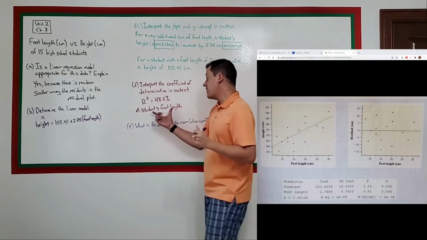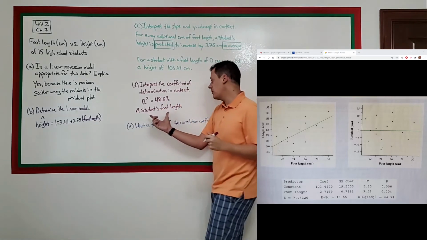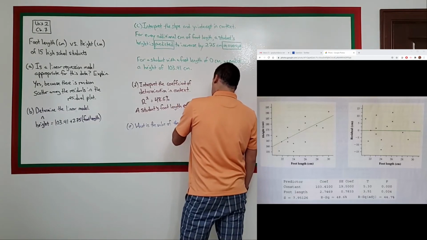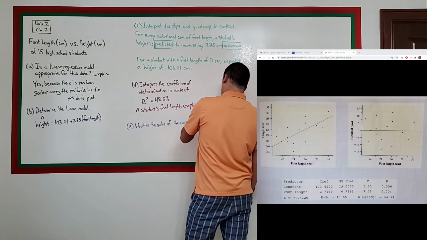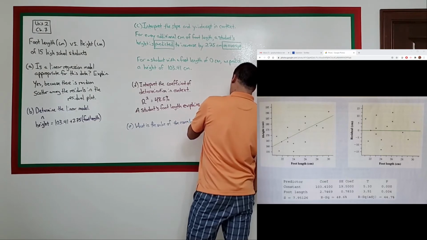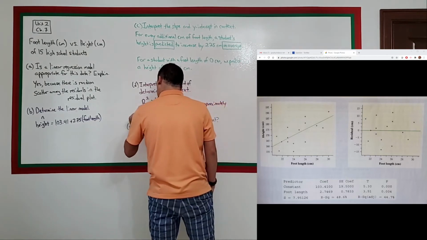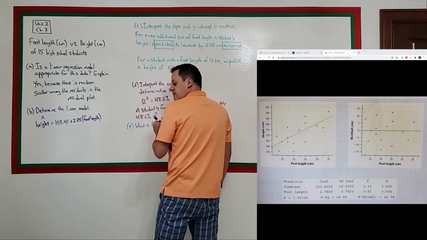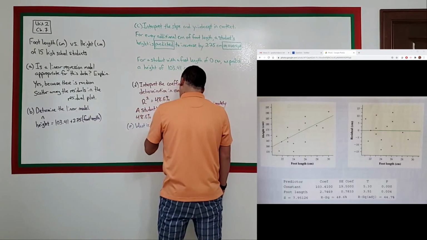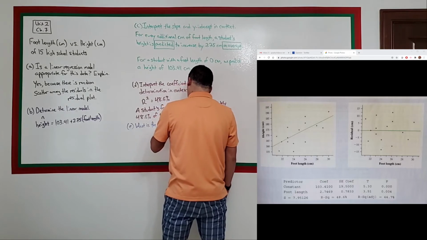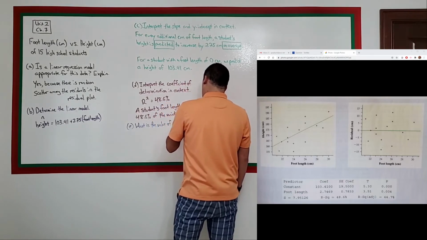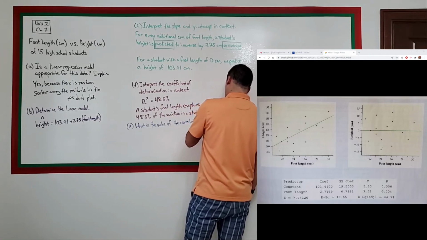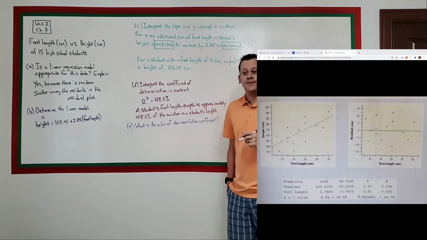Okay, so the x variable first, a student's foot length, explains approximately 48.6% of the variation in a student's height.